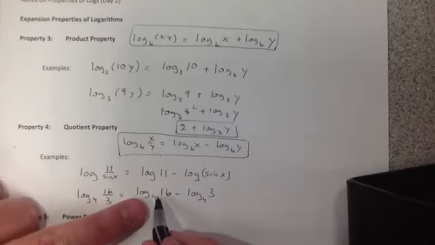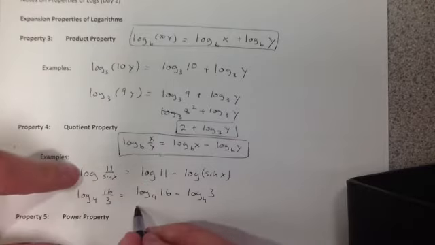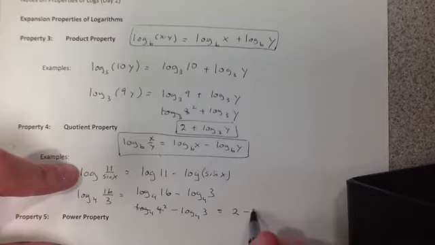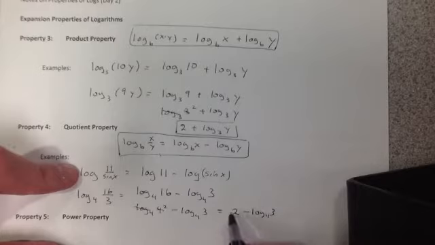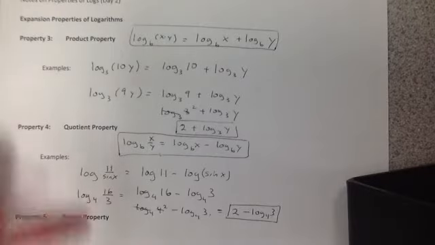And like what we just talked about, I can write 16 in the same base as 4, that's 4 squared, minus the log base 4 of 3. Those cancel, and what we're left with is 2 minus the log base 4 of 3. We can't write 4 in terms of 3, or 3 in terms of 4, so we're done with our answer right here. Go back and recheck those if you need to.